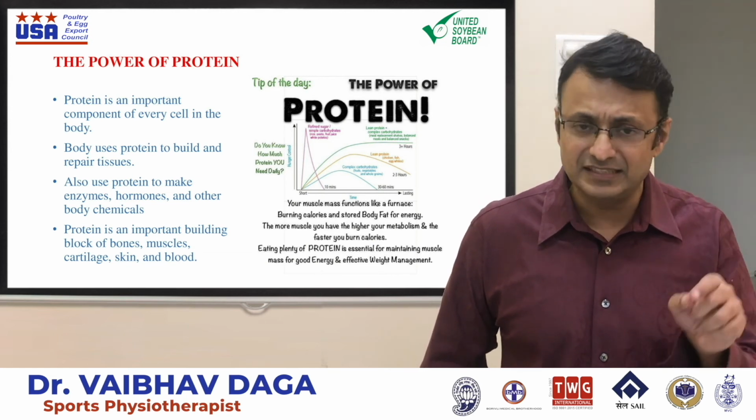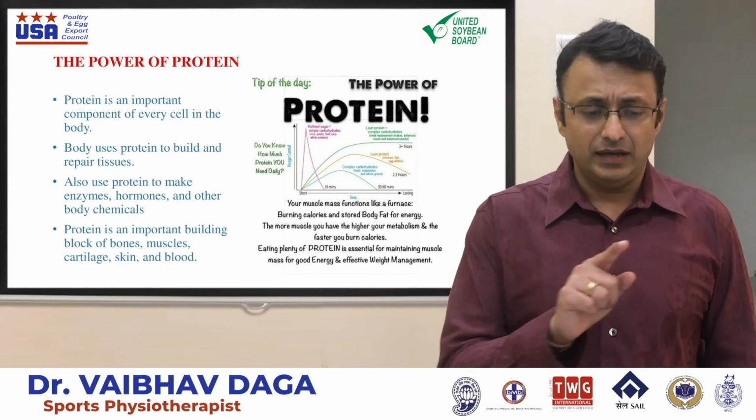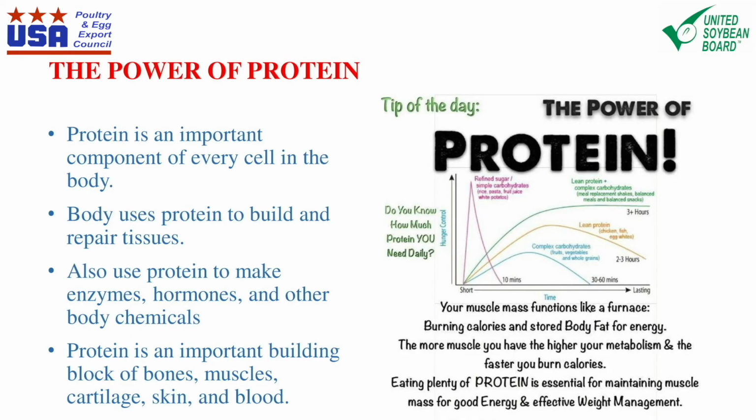If you see the graph, the power of protein is such that it shows the hunger control and how long each nutrient can last. Refined sugars, or the simple carbohydrates as we call them, drop down in 10 minutes. I mean, your energy can be used from simple carbohydrates for only around 10 minutes.